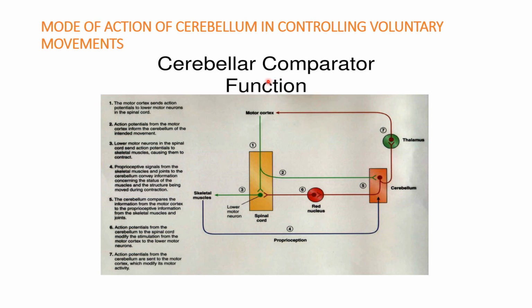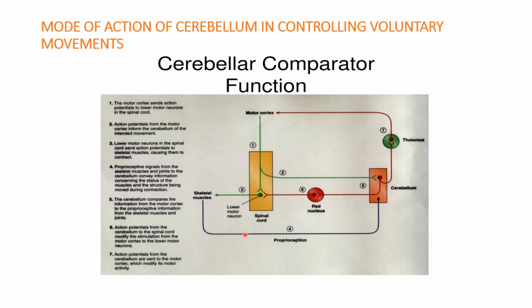So the cerebellum acts as a comparator. From the motor cortex, information is coming to the spinal cord, but a copy is going to the cerebellum also. Here the lower motor neuron gets activated and skeletal muscles and joints are contracted.